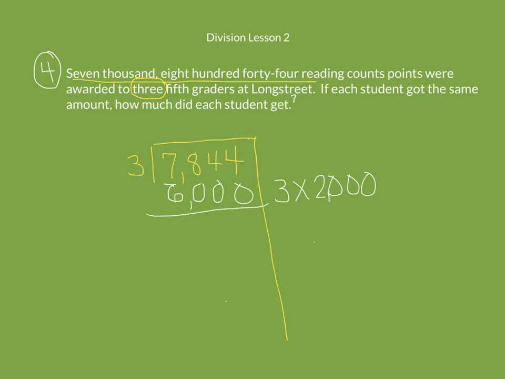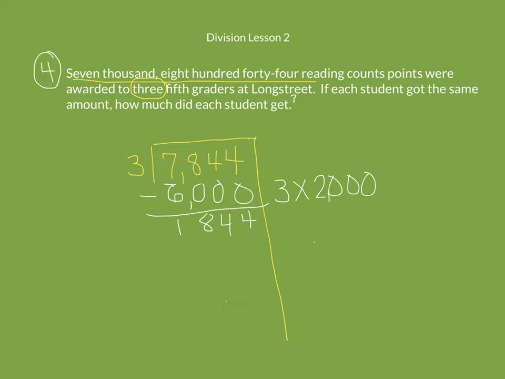So those 6,000 points are taken out of our whole because we've already put them in 3 different groups. So now I have 4 tens, 8 hundreds, and 1,000 to still split between the 3 groups. Now I can't do 1,000 groups of 3 because that would be 3,000.